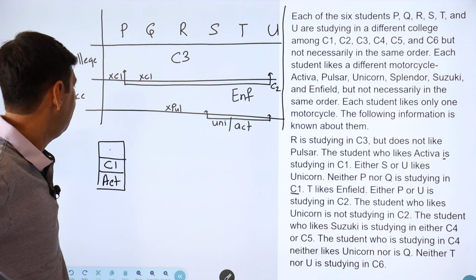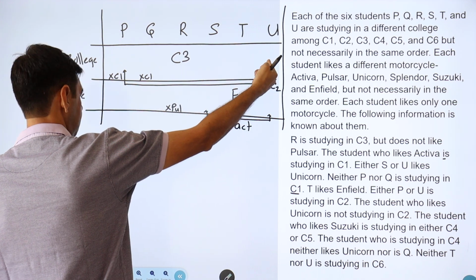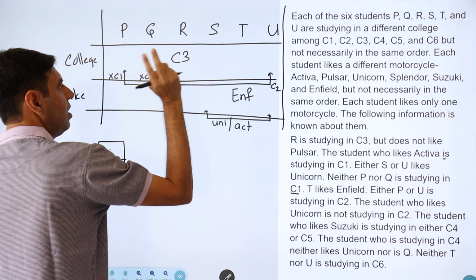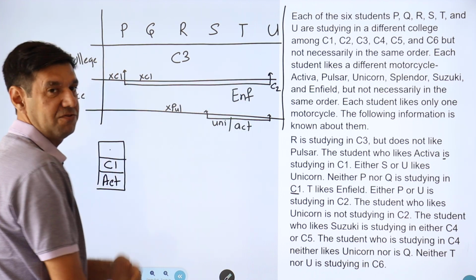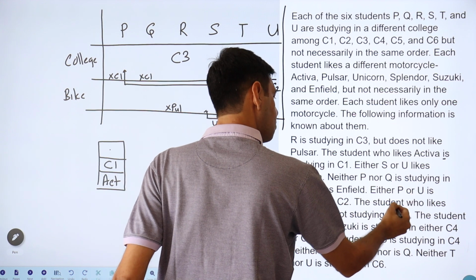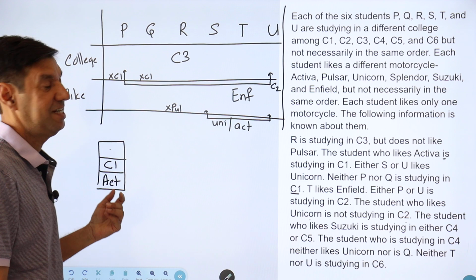C2. Now here an if-then should start. If this is C2, then the C1 Activa will come here, this will become Unicorn. If this is C2, then this can still go in either of the places. The student who likes Unicorn is not studying in C2.